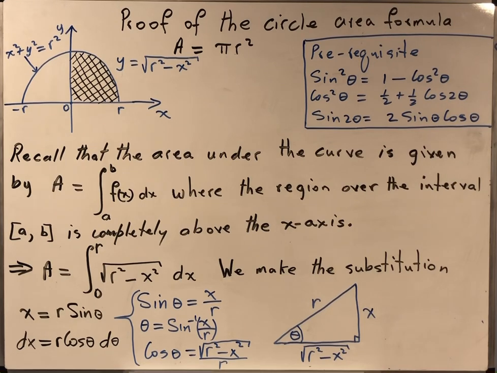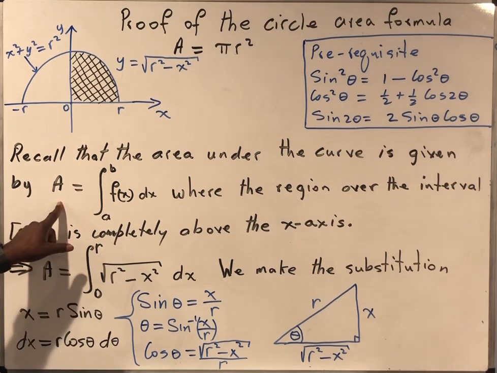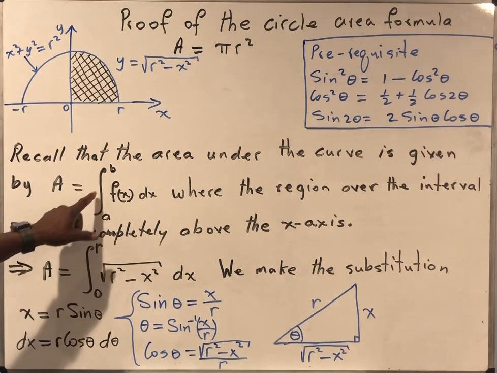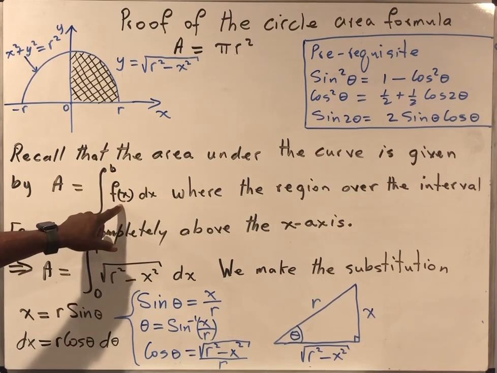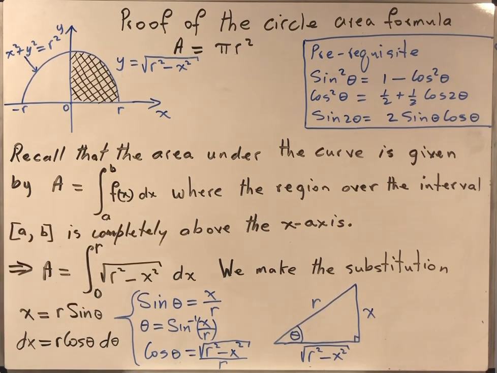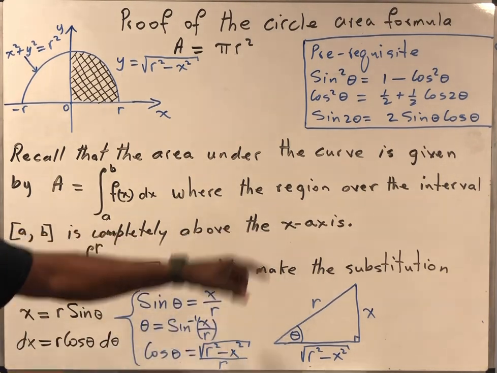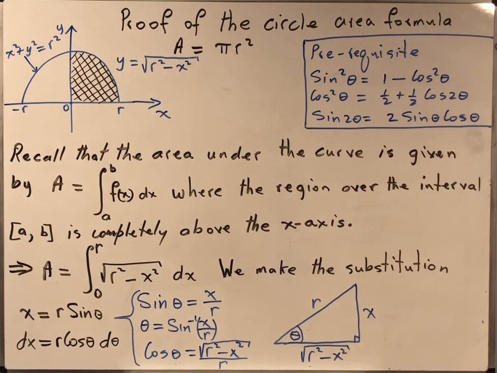Recall that the area under the curve is given by the integral. Area is equal to the integral from a to b of f of x dx, where the region over the closed interval ab is completely above the x-axis.